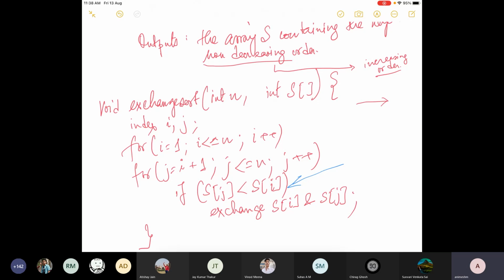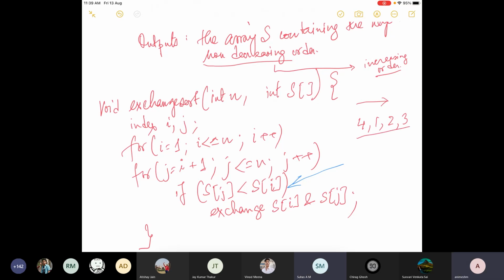Am I making sense? Yes, sir. But what I meant was, if we take 4 numbers and the order of those 4 numbers is 4, 1, 2, 3, it is non-decreasing order, right, sir? No, this is not non-decreasing order.